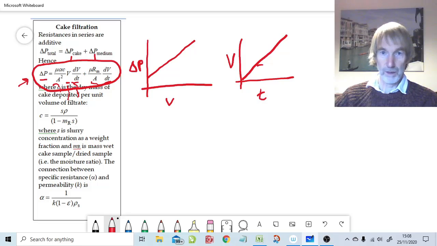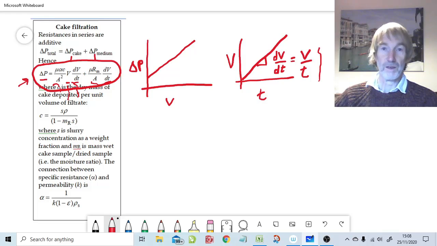Now the reason why I wanted to draw that was to emphasize the point that dV/dt, the rate of change of filtrate with respect to time, is going to be equal to capital V, the cumulative volume of filtrate, over cumulative time. And we're going to need this expression later on, so that's an important expression, and hopefully you're with me that it makes sense courtesy of the graph that I've just drawn.